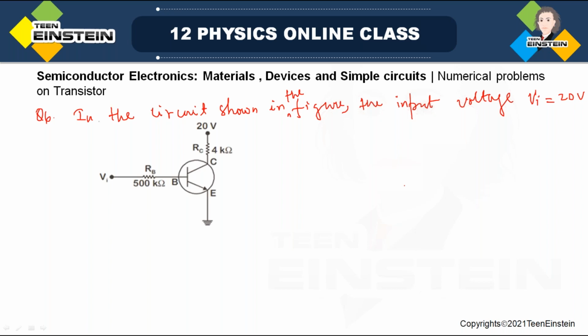VBE is given. What is VBE? VBE is given as 0, and also VCE is given as 0.